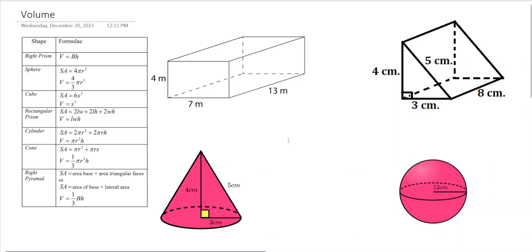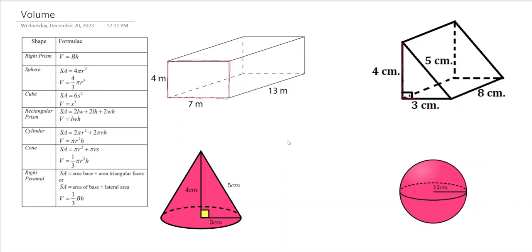Okay, let's start at the beginning here with a simple one, the right prism. For any right prism it holds true that the volume is the base times the height, and actually the cylinder counts as a right prism as well. It's just the base times the height. So what is the base? Here is the base of this shape.